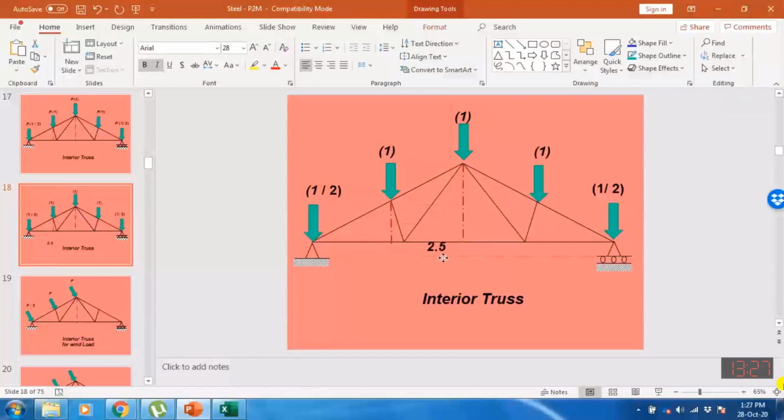If I am analyzing this truss for a unit load, maybe 1, then the force in this member will be 2.5.